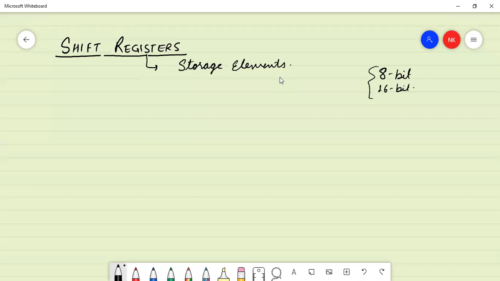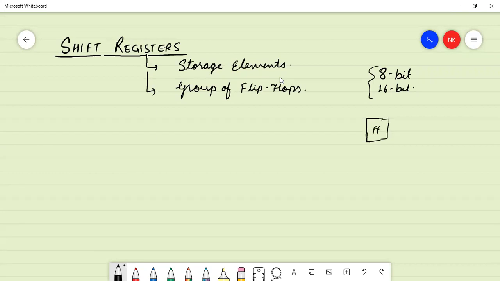Okay, so what are these made up of? These are a group of flip-flops. As we already know, one flip-flop can store 1 bit of data.